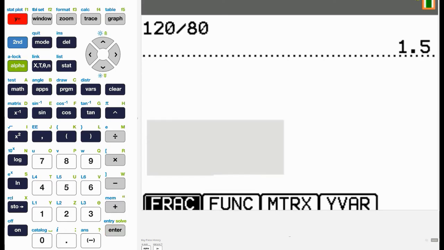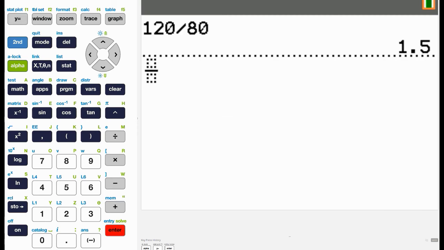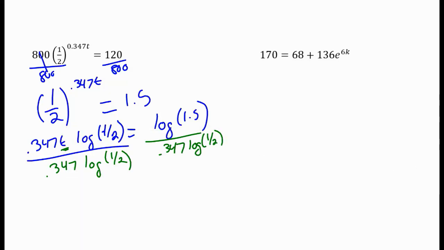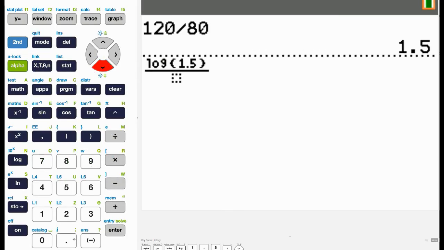So if you have a TI-84, use the fraction template here and type in log of 1.5 divided by 0.347 log of a half.